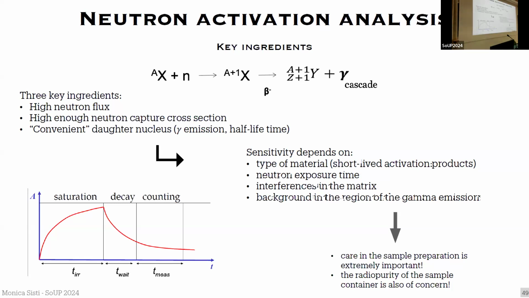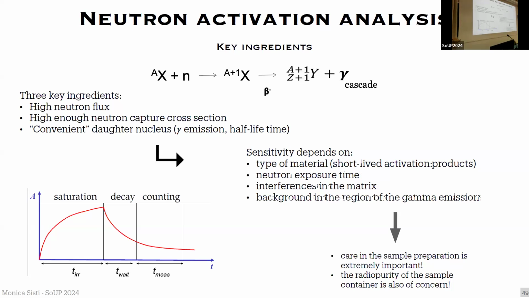So this is the timing of a neutron activation analysis measurement. You have an irradiation time where you build up the activity. Then you take out your sample from the reactor. The nuclide that you activated decays in this waiting time, which is usually the time needed to extract the sample, to check it for radiation protection, and then to bring it to your lab for the measurement.